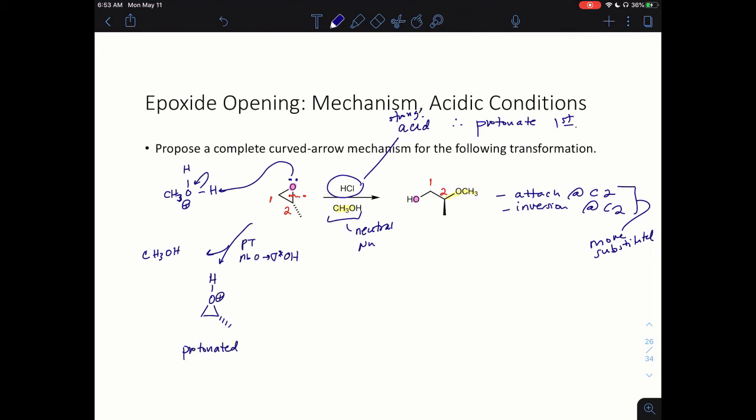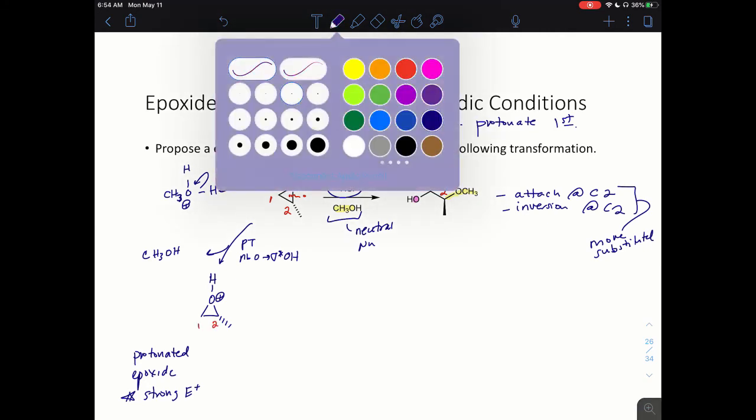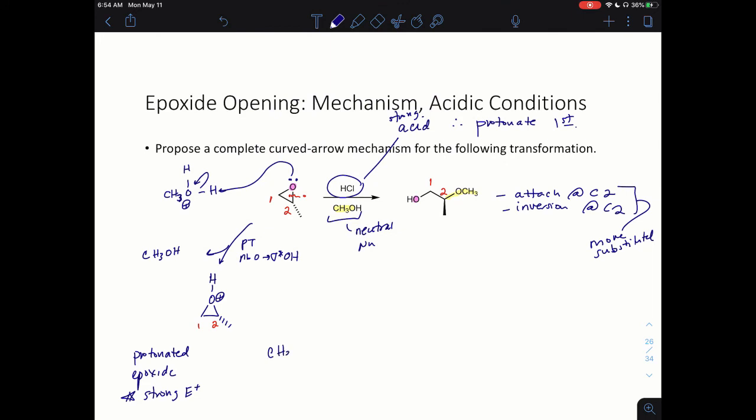So this proton transfer reaction generates the protonated epoxide. And this is a really good, really strong, really reactive electrophile. Not only is there all that ring strain we talked about, there's a positive formal charge on oxygen. So now looking at the products, we can see that methanol needs to attack carbon 2.